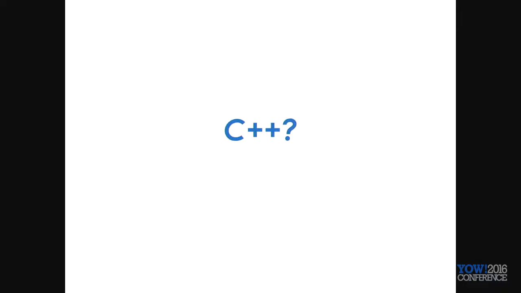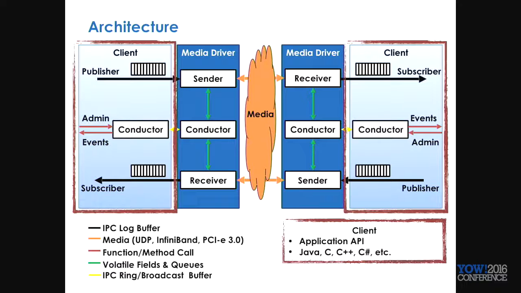And so where does C++ fit into this? Well, one way to think about this is that those edges where the client lives are the application APIs. So this is where all the different languages come together: Java, C, C++, C#. We have Go as well, and they all fit within that.